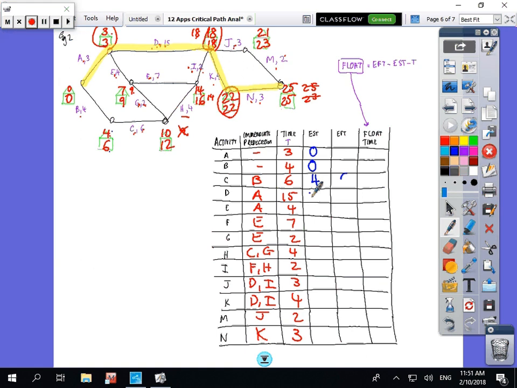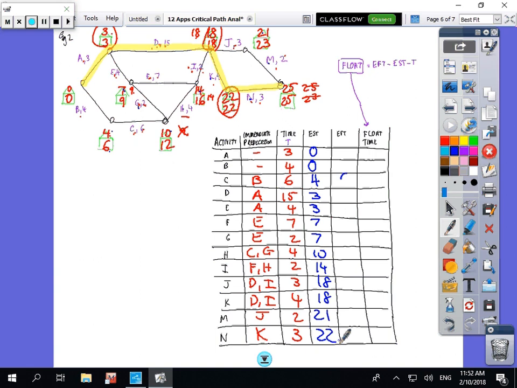So activity D is 3, activity E is 3, activity F is 7, activity G is 7, activity H is 10, activity I comes from 14, activity J is at 18, activity K is at 18, activity M is at 21, and activity N is at 22.